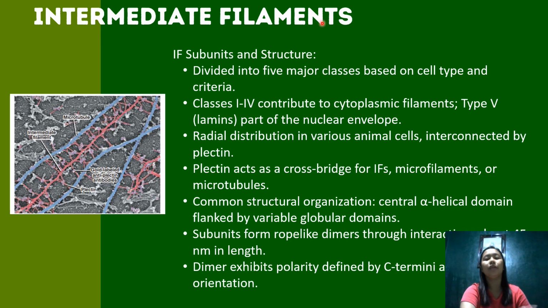So, yung pinaka-common na structural organization ng IF subunits ay nag-involve ng alpha helical domain flanked by variable globular domains. Sa pag-interact nila, yung IF subunits na yon nagpo-form ng rope-like dimers approximately 45 nanometers long.